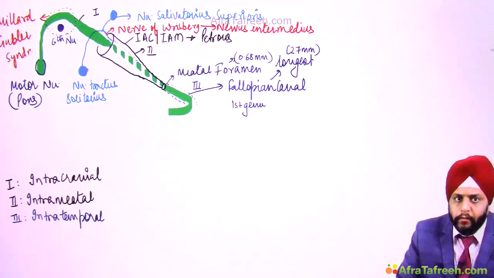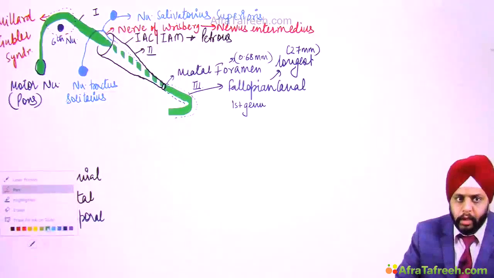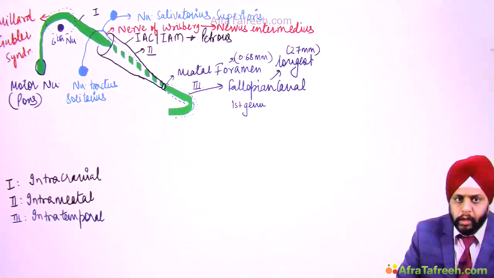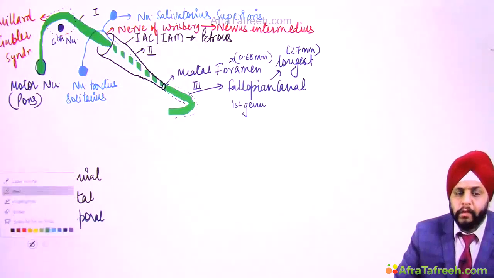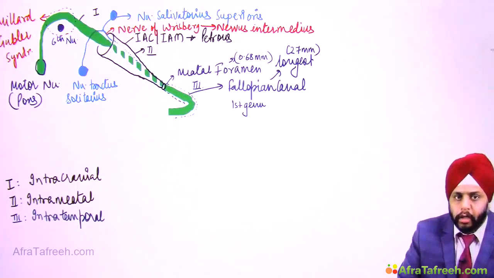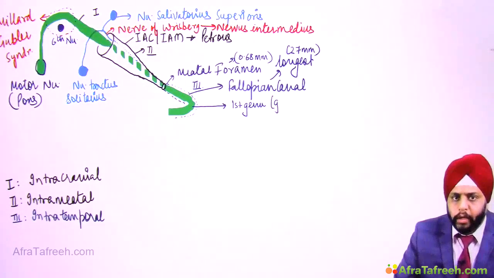At the first genu, we have a ganglion inside the nerve, and that ganglion is known as the geniculate ganglion. So we have the first genu over here, and in the first genu we have the geniculate ganglion.